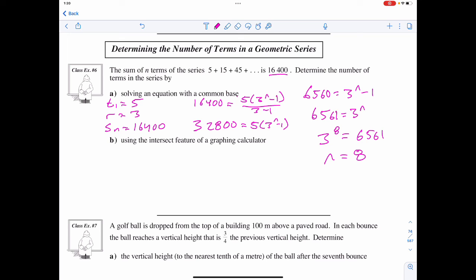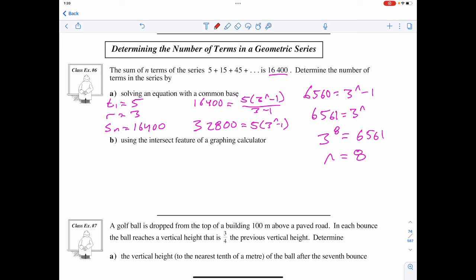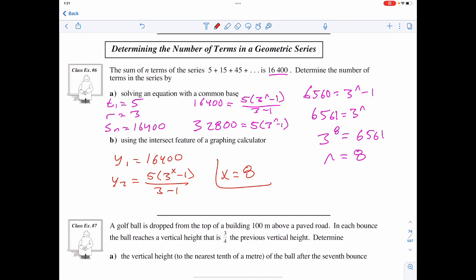I can also do this using the intersect feature on my graphing calculator by saying y1 is equal to the left side, y2 is equal to the right side, 5 times 3 to the power of x minus 1 over 3 minus 1. And then I'm going to solve the x value at the intersect point, which will also give me 8.